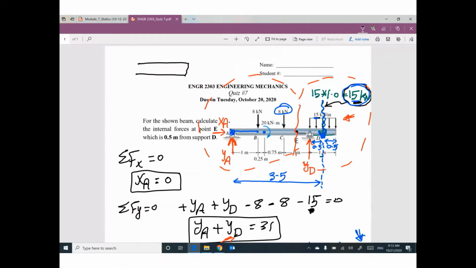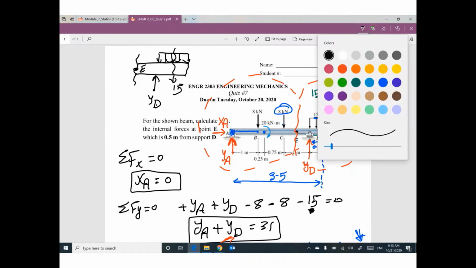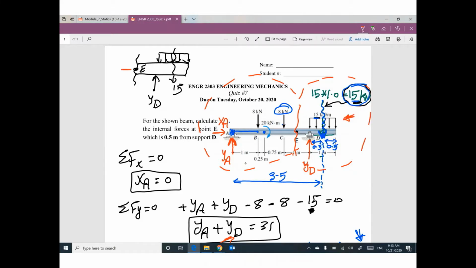I did the cut here at E. I have reaction here, YD. I have distributed load with equivalent value 15. At the cut, I have normal force, which is tension. I have shear, which would like to rotate this part clockwise. I have moment, which would like to make this bar smile.